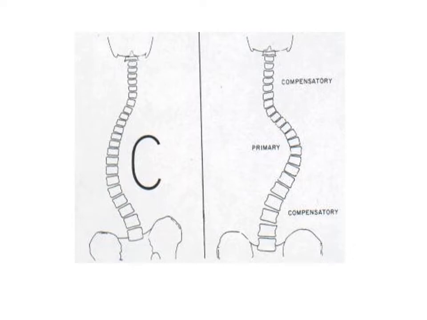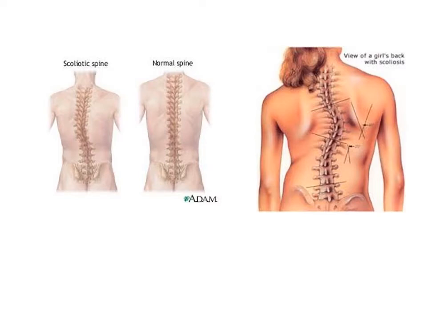But in the S curve, you will see two curves in opposite directions. Here is a picture of a normal spine and a scoliotic spine. You can see the normal spine is straight and the scoliotic spine is curved.